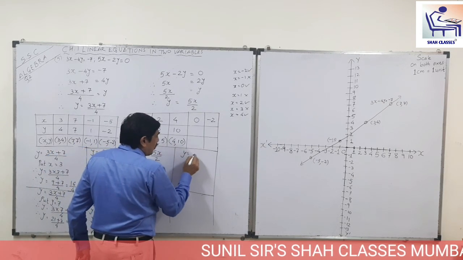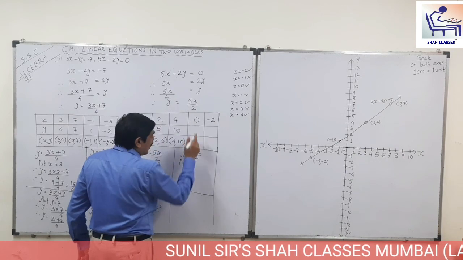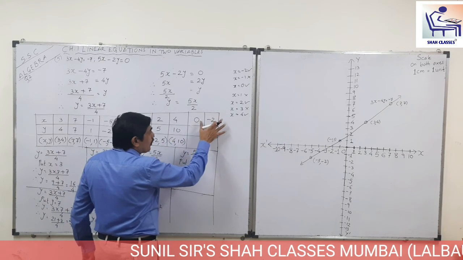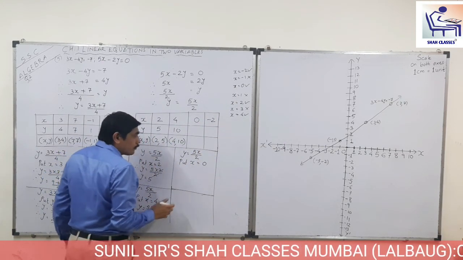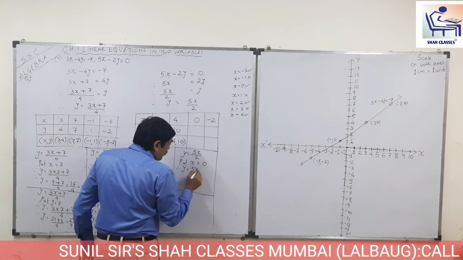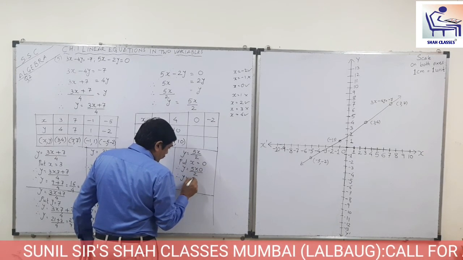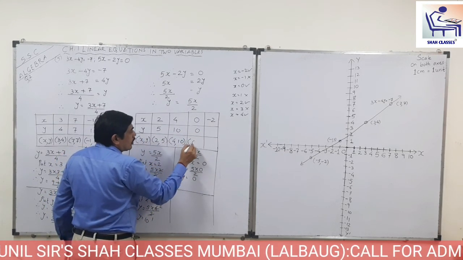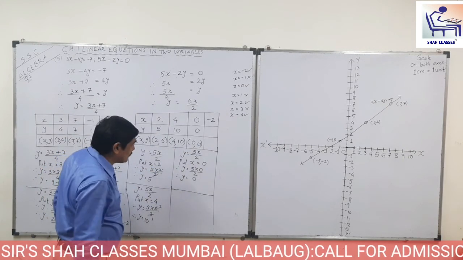Now we have to see the third value. Put x is equal to 0. Remember, in advance we have decided all the values, so our answer is not in a fraction. So 0 upon 2 is 0. It is clear, it means that this line will pass through the origin.